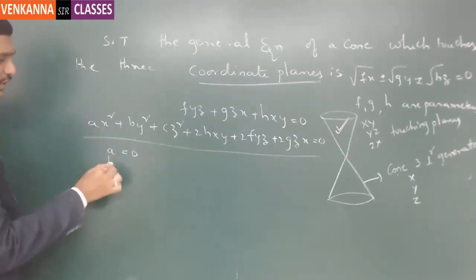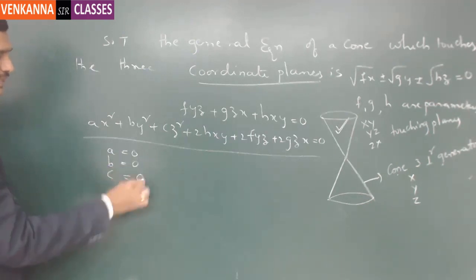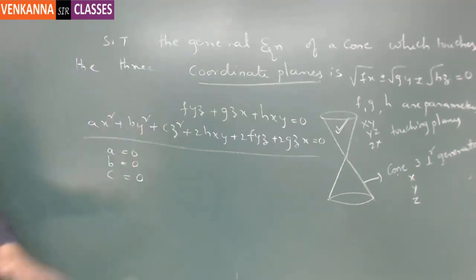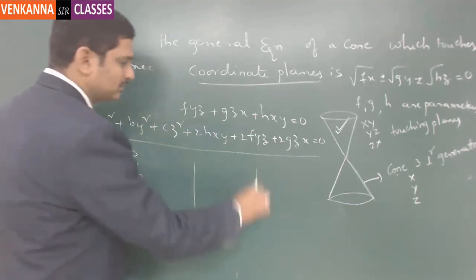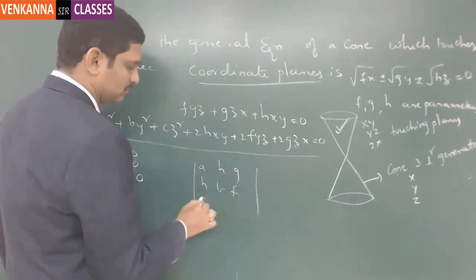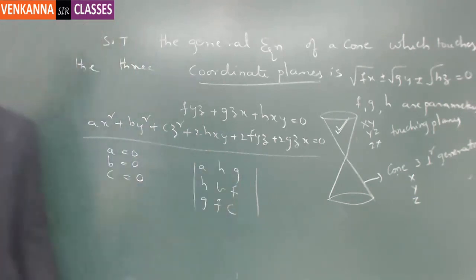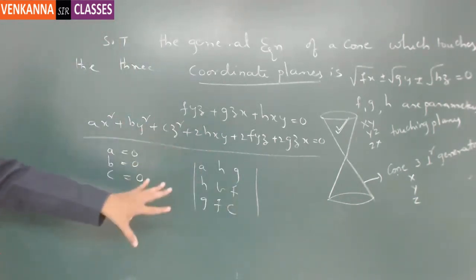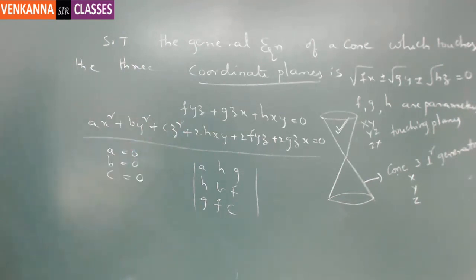A is equal to 0, B is equal to 0, C is equal to 0. If you calculate H, F, G, they will come the same values as it is. So if you substitute the values in the determinant and you calculate the cofactors, then you will get the reciprocal cone equation as this.